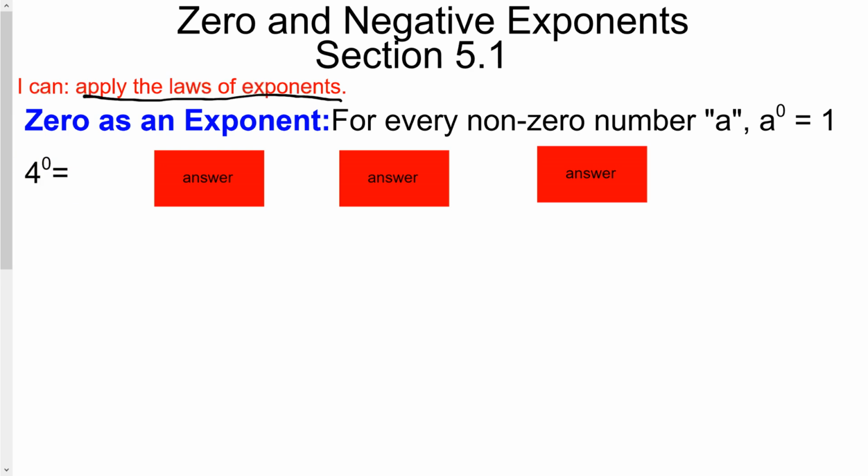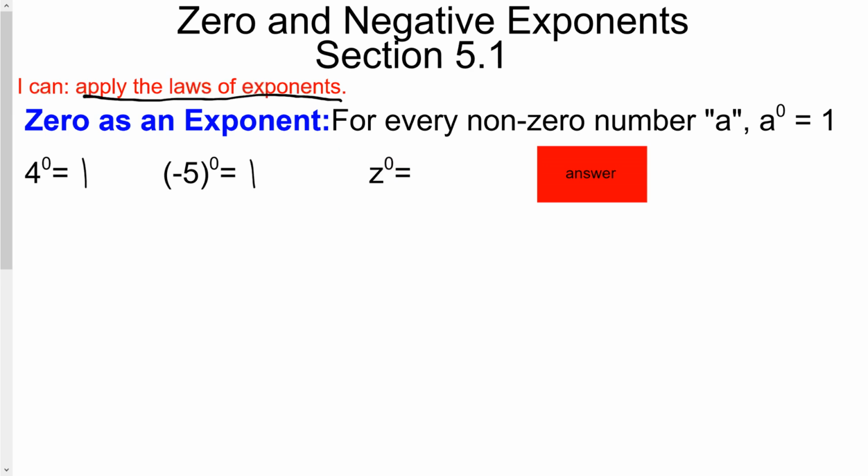4 to the power of 0, that's a non-zero number, 4. 4 to the power of 0 equals 1. That's what this definition is. Here's another example. Negative 5 raised to the power of 0. Well, that's a non-zero number raised to the power of 0, so the answer is 1.